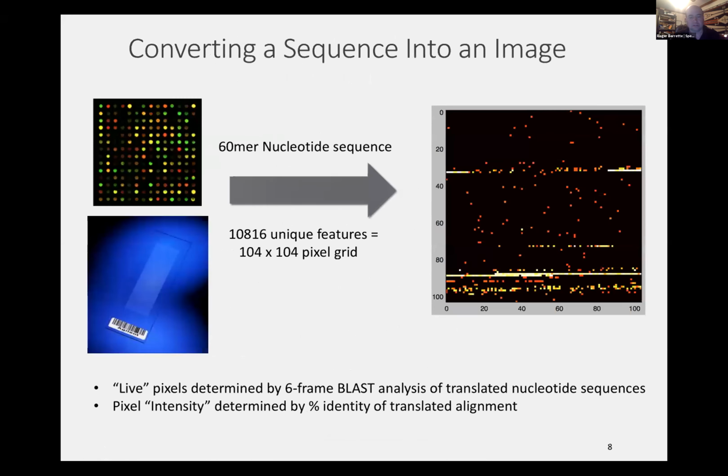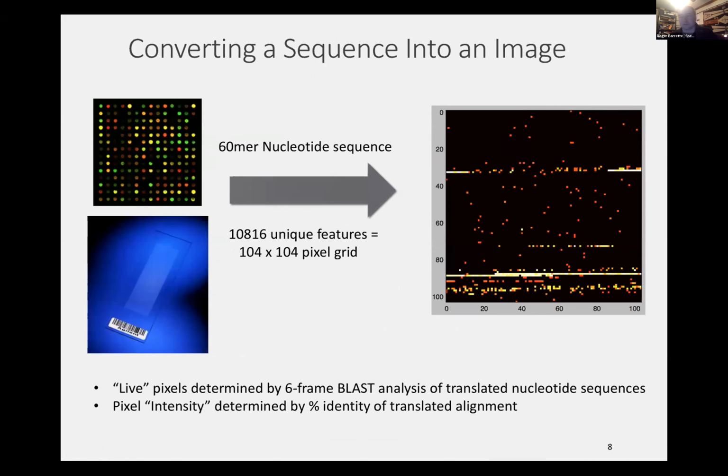And so to give a better idea of this, we have to be able to convert our sequence data into an image. So how do we do that? Well, it turns out we had developed a tool previously that was perfect for this purpose.